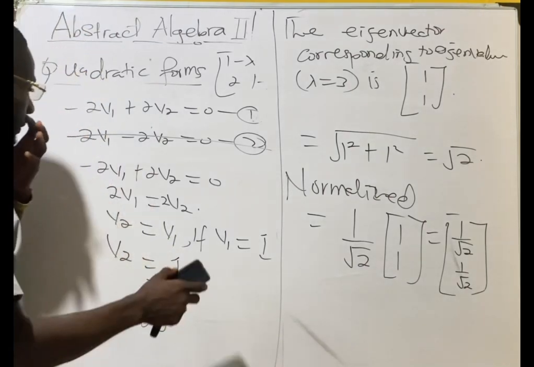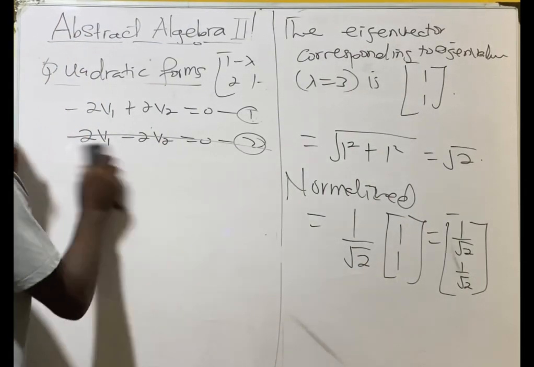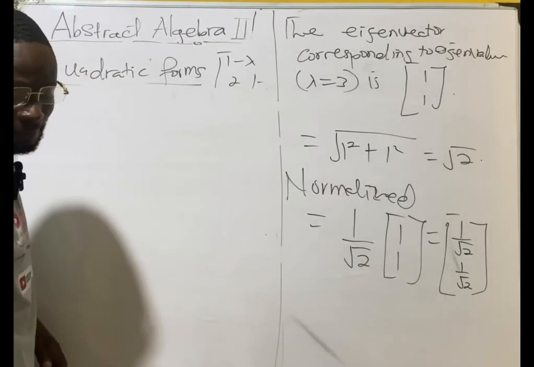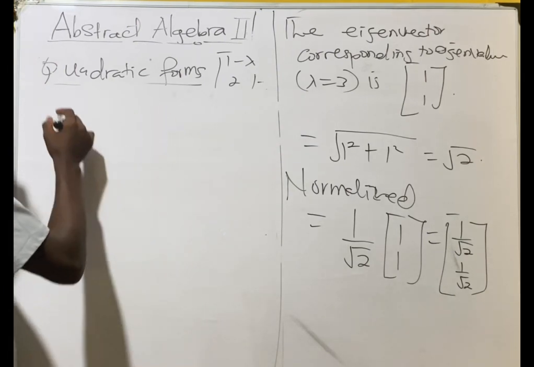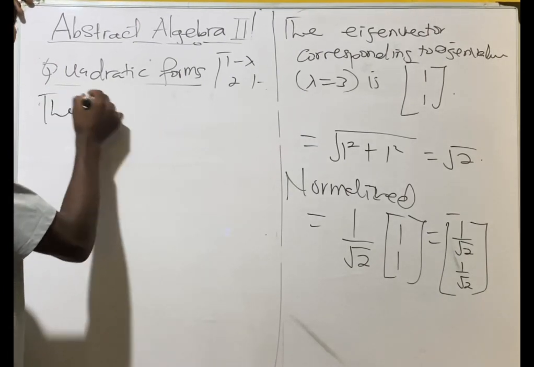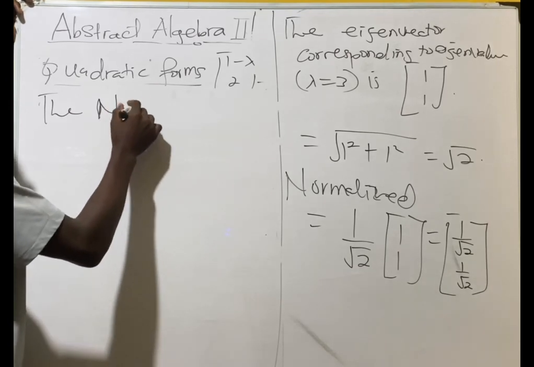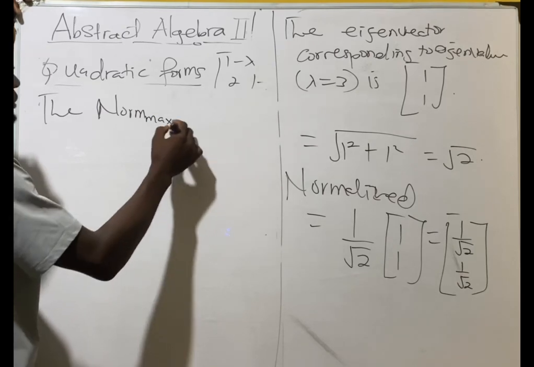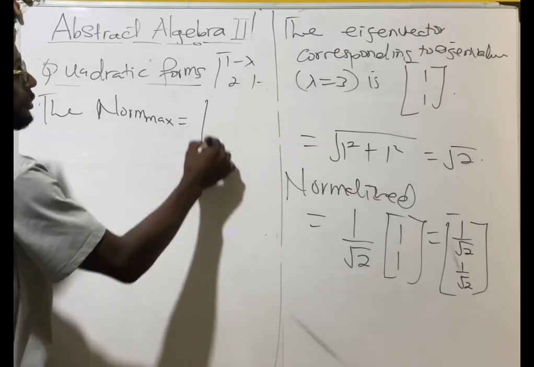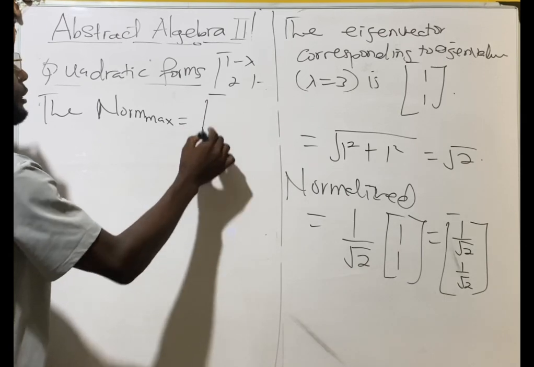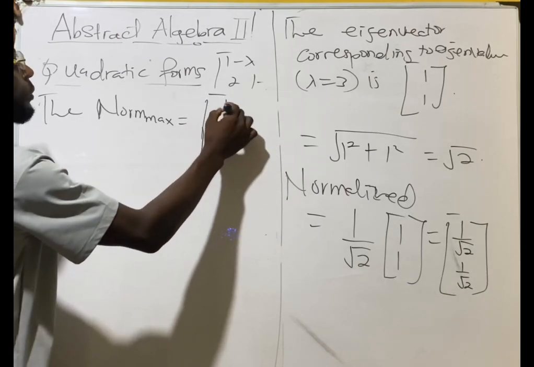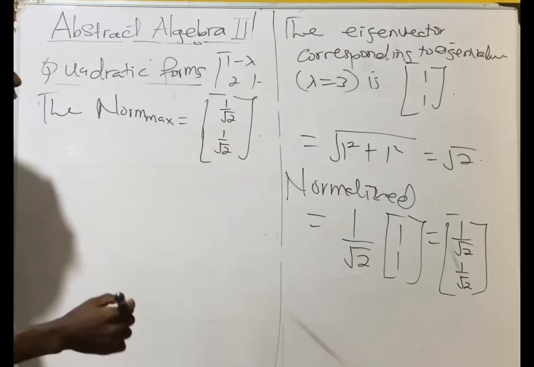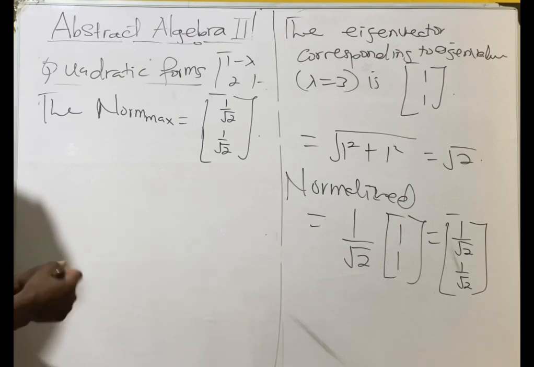So we can go here and say that the norm at the maximum value is equal to what? This, right? And our conclusion will be this way.